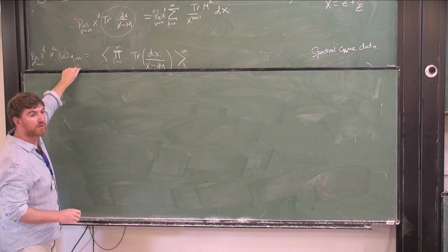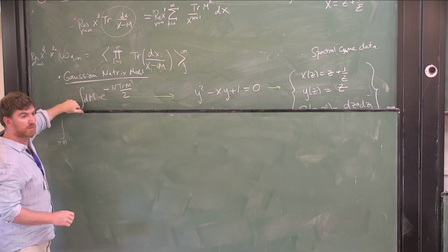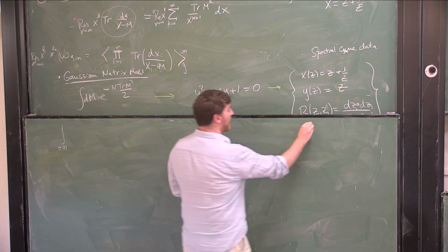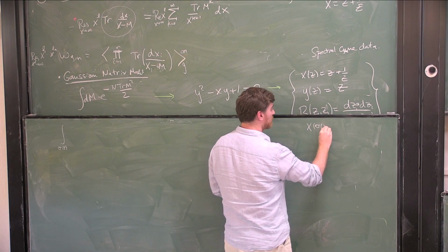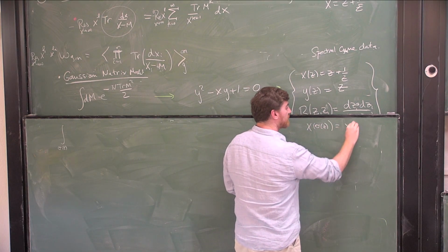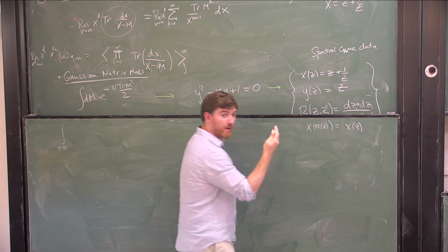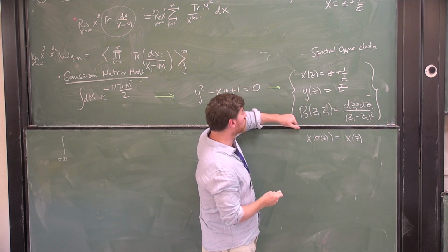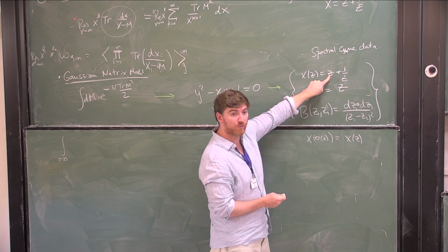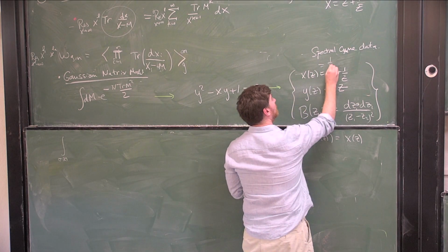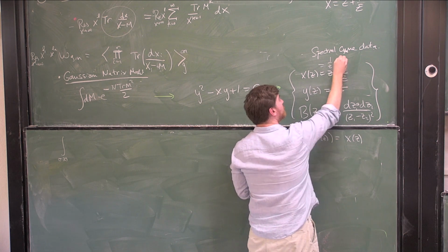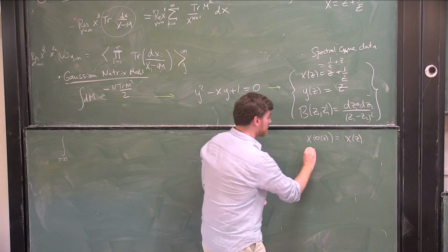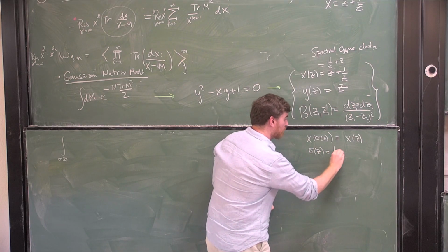Because it's this point in that x of z thing. Right, so we need x of sigma of z to be equal to x of z around each point. Okay. But in this case, that's actually a global thing, because if I replace z by 1 over z, 1 over 1 over z is z, I get the same thing. Okay? So in this case, sigma of z is just 1 over z.